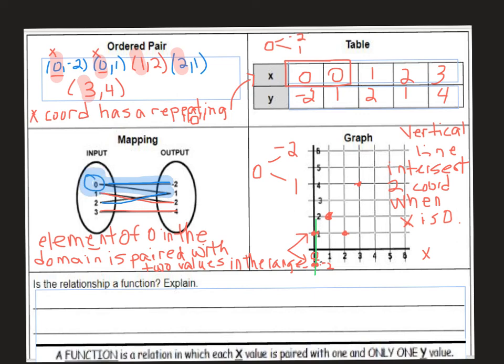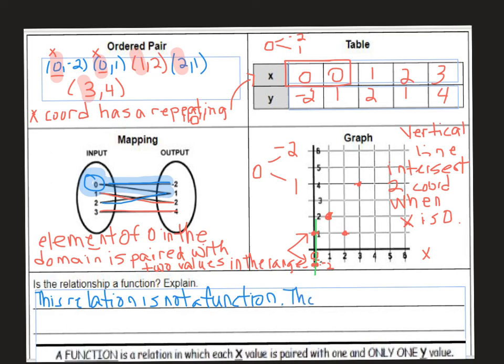Okay, so is the relationship a function? I have to now say that this relation is not a function. Please make sure you write that. This relation is not a function. Why is it not a function?